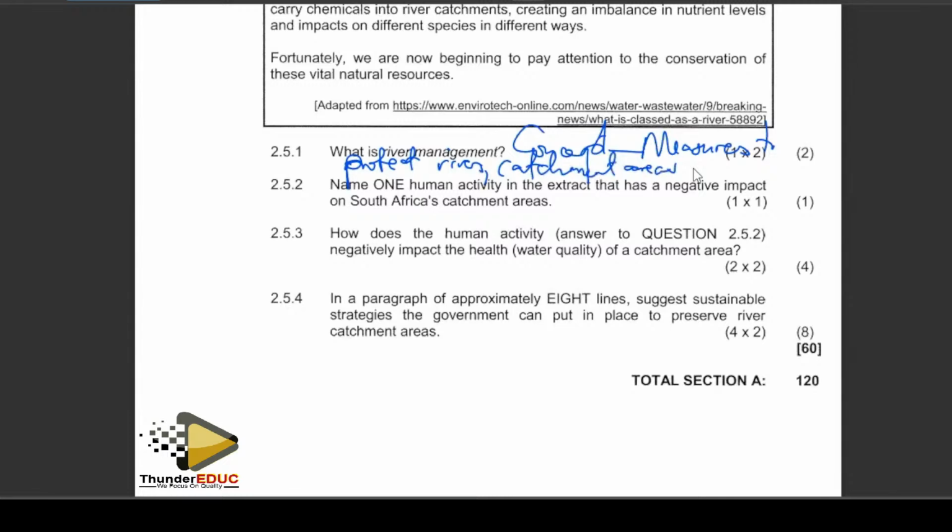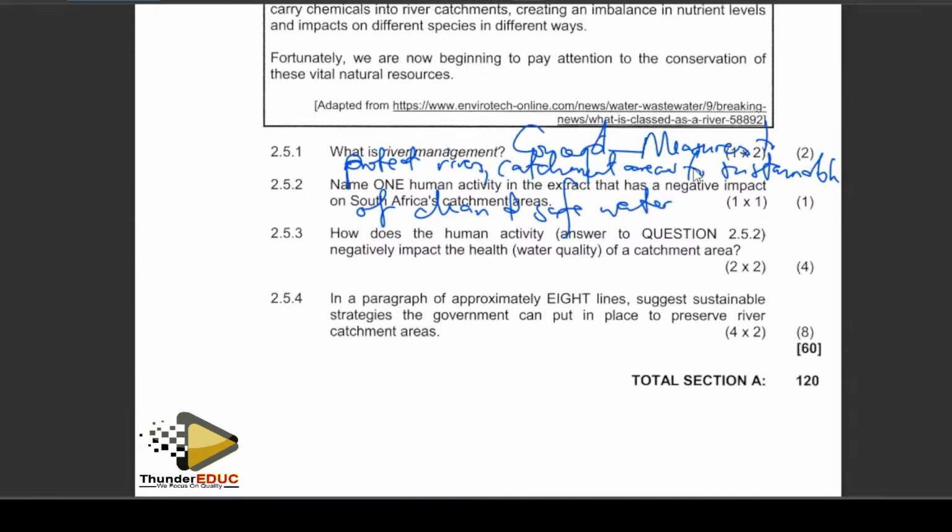Why should we take measures to protect our rivers and catchment areas to ensure sustainable supply of clean and safe water? That is my own expression of the definition.